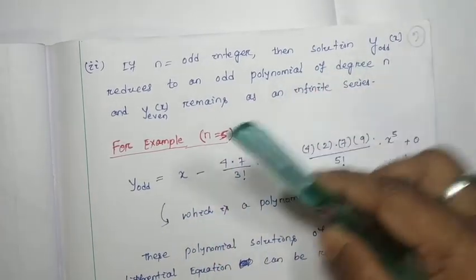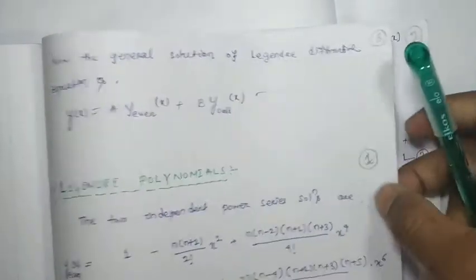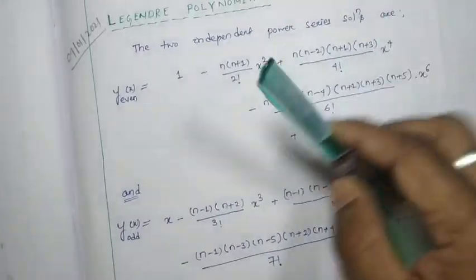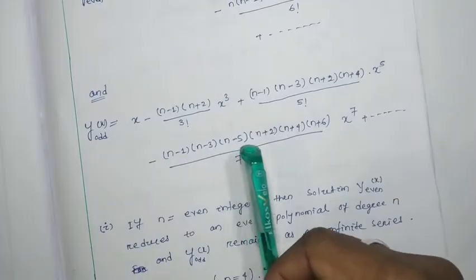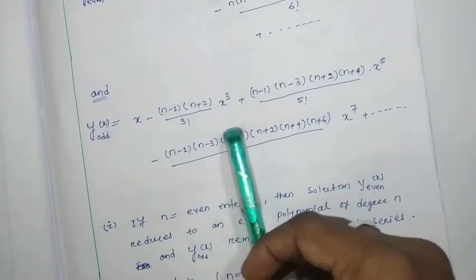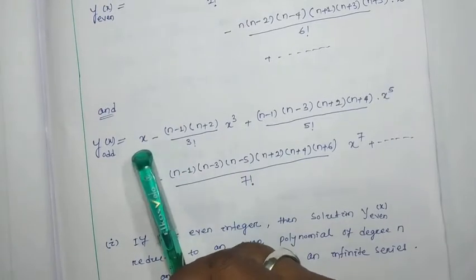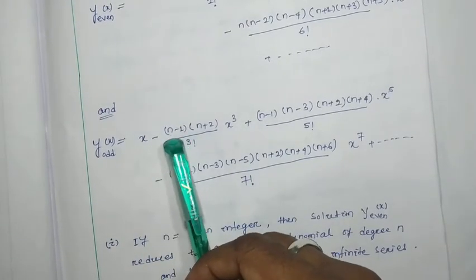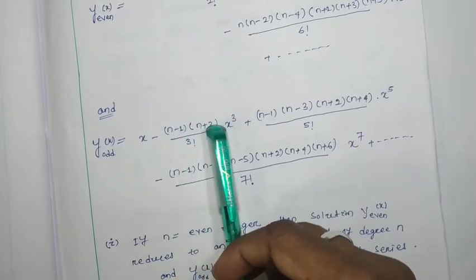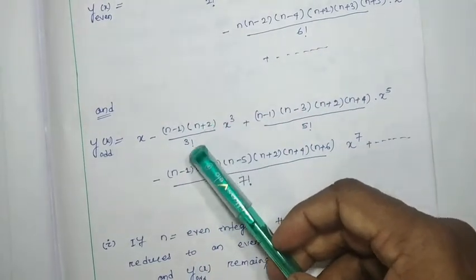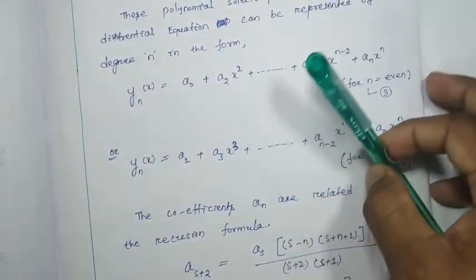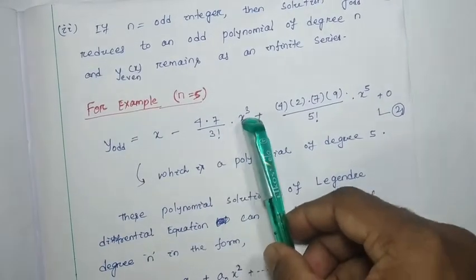So consider n equal to 5, then what will happen? In the case of y odd, here we can find an n minus 5 term. So we can get x minus 4 into 7 by 3 factorial into x cube.